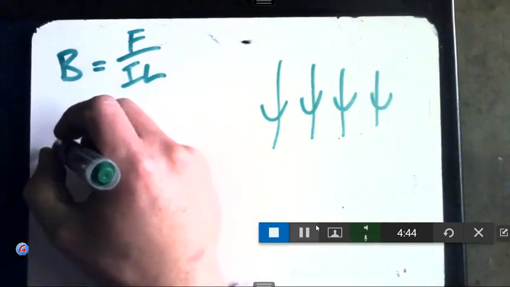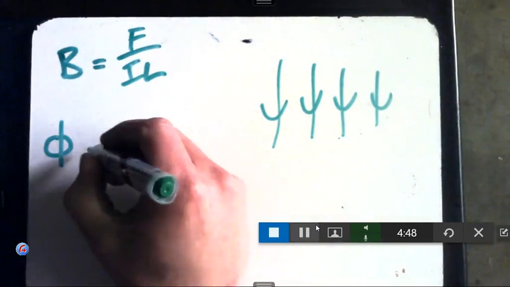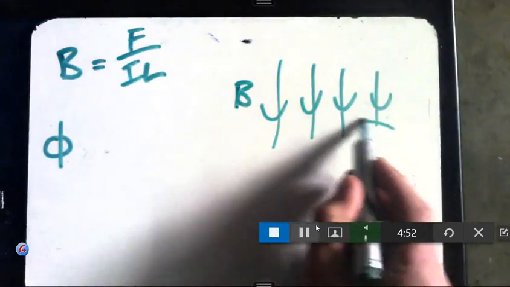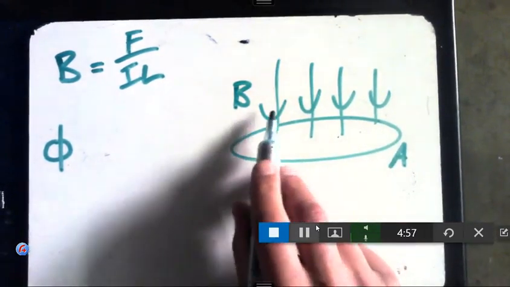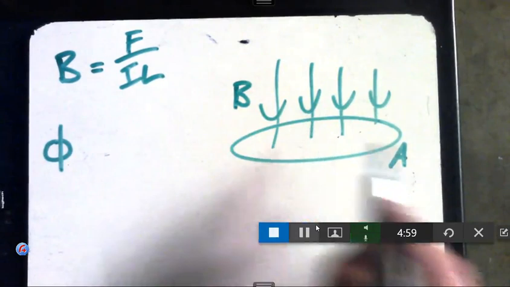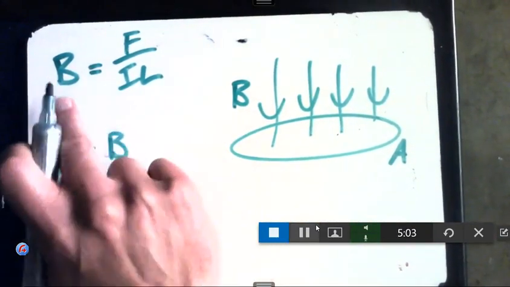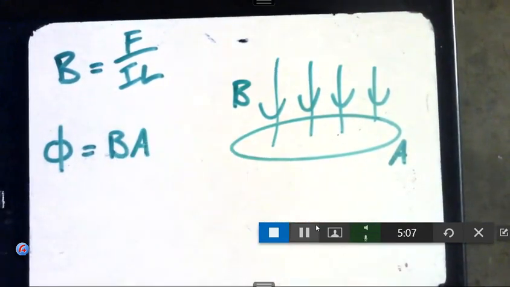So if we want to think about what the magnetic flux is, flux has this symbol, and it's basically if we have a certain magnetic field going through an area, the amount of field lines going through the area. So the magnetic flux is the magnetic flux density going through a specific area.